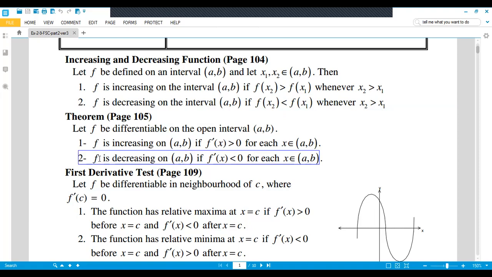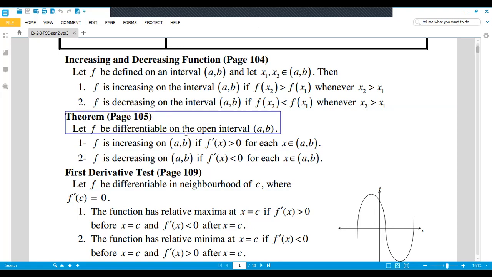These two theorems explain the increasing and decreasing function, and how you can find in which interval the function is increasing and in which interval it is decreasing.